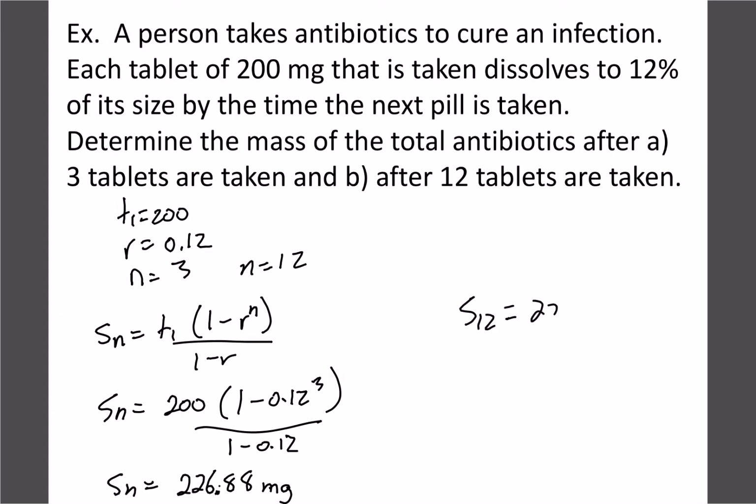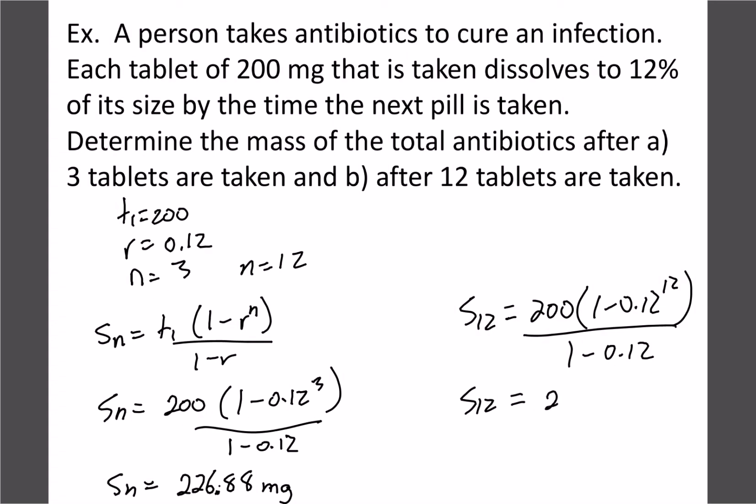So we'd have 200 again, 1 minus 0.12 to the 12, and we're going to divide that by 1 minus 0.12 again. So our total sum in this case is 1 minus 0.12 to the 12, times 200, divided by 1 minus 0.12.